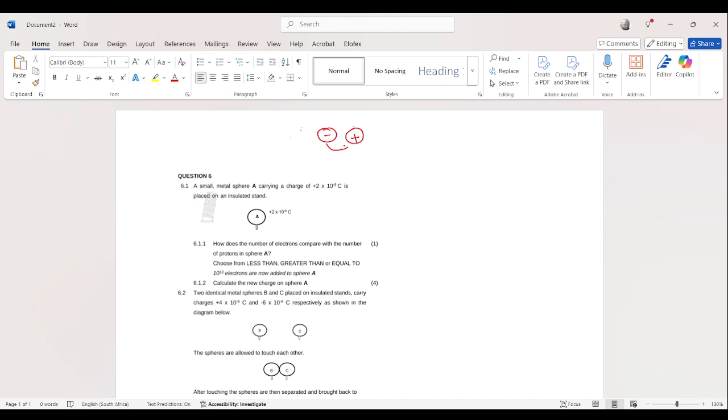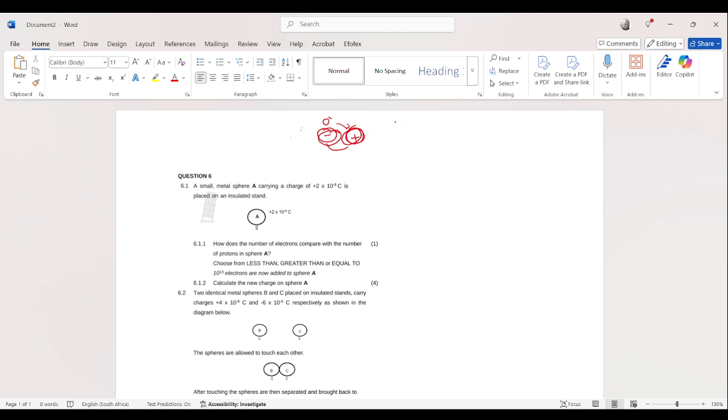Do we all agree? Yes, sir. All right. So when these two objects get into contact, negative charges will flow from the negatively charged object to the positively charged one.